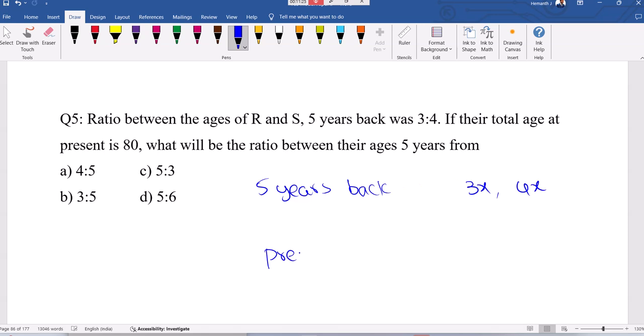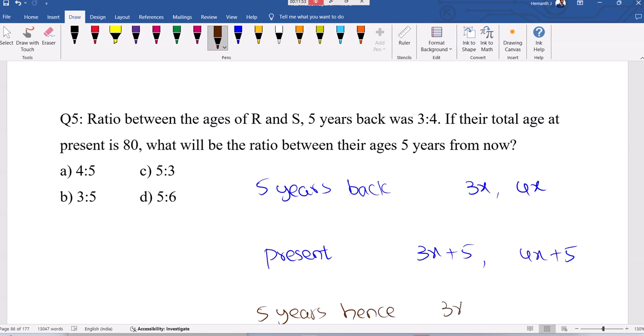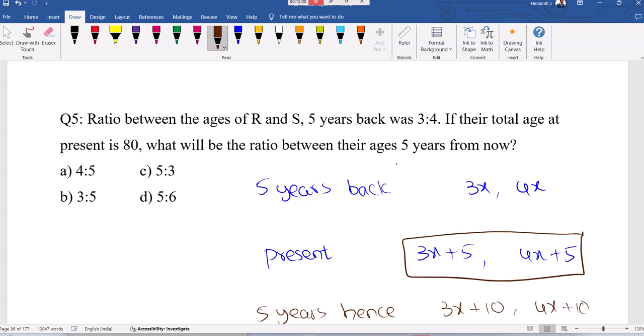Present ages are 3x plus 5, 4x plus 5. 5 years from now, what will the age be? From the present, 5 years more, so it's 3x plus 10, 4x plus 10.